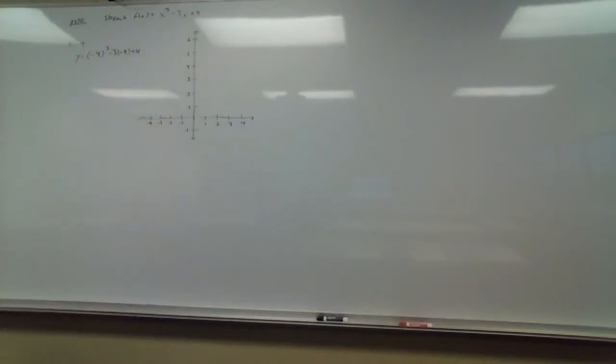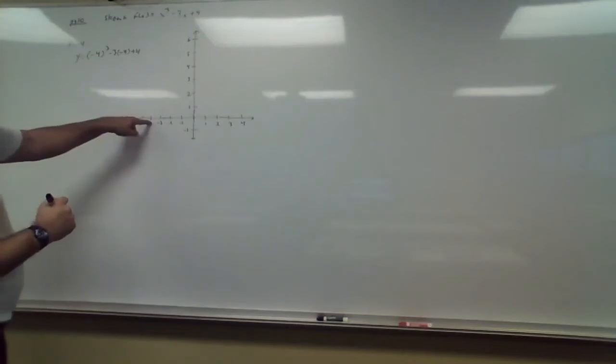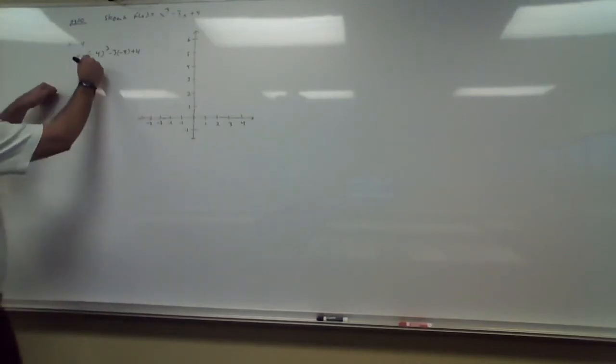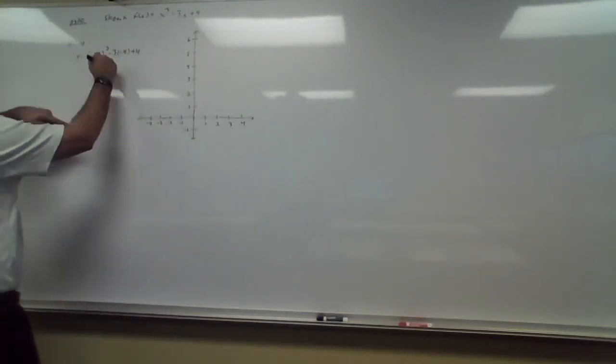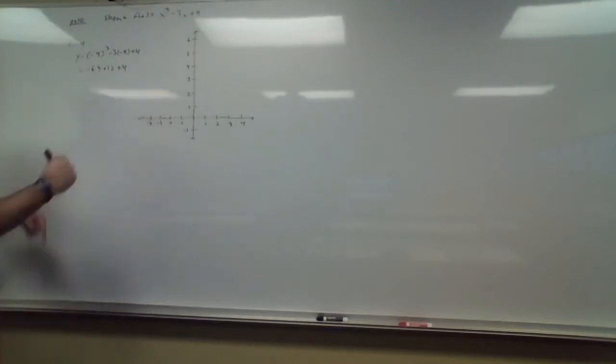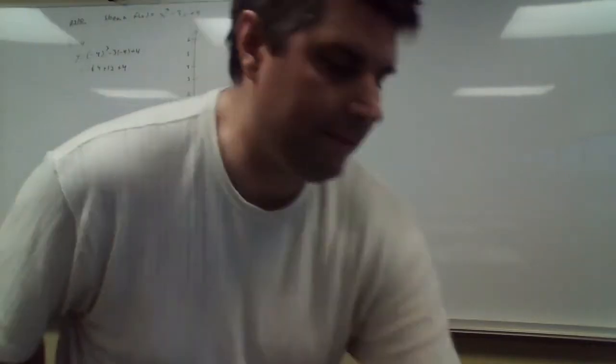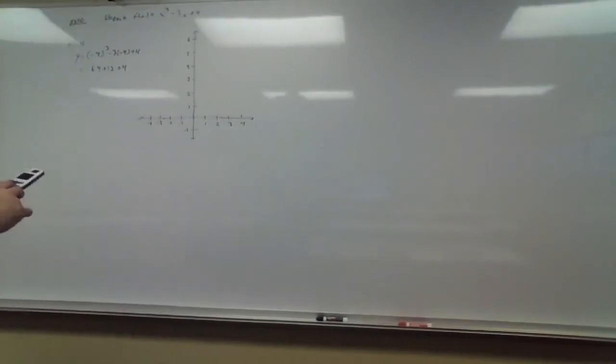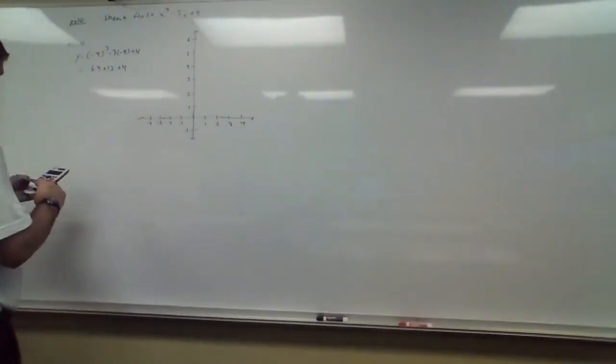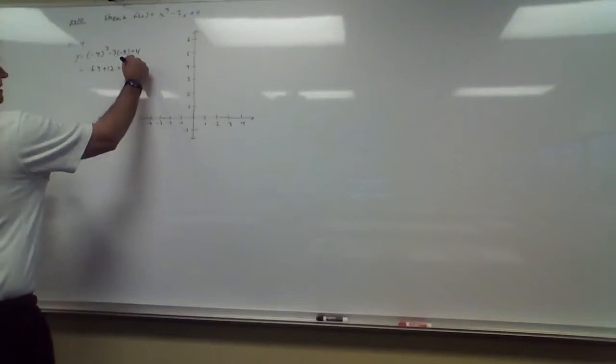I start here at x equals negative 4. So this is negative 64, that's plus 12, that's plus 4. So negative 64 plus 12 plus 4 is negative 48.